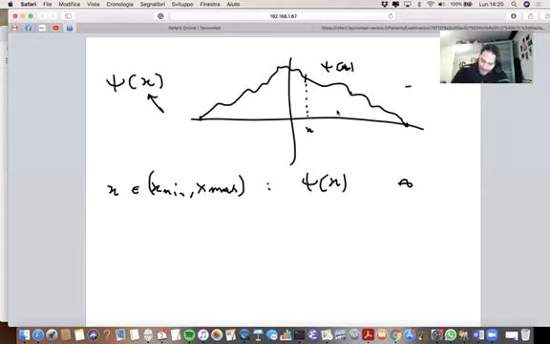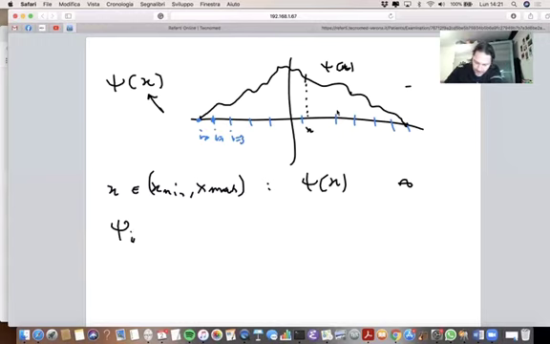Now, after I discretize on the lattice, all I have to do is tell you the function values. I have introduced an index that tells me where I am on the lattice. Maybe this is i equals 0, i equals 1, i equals 3. And all I have to do to specify the function is give the value of the function at that index.